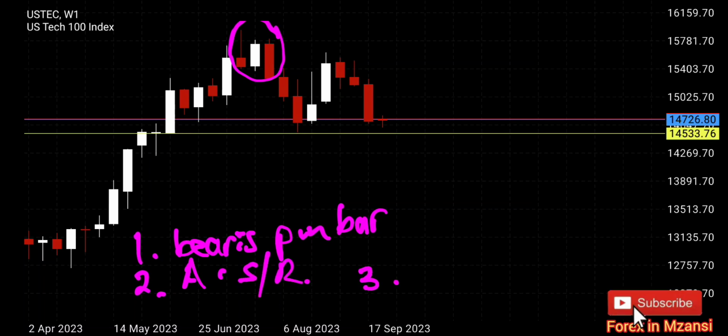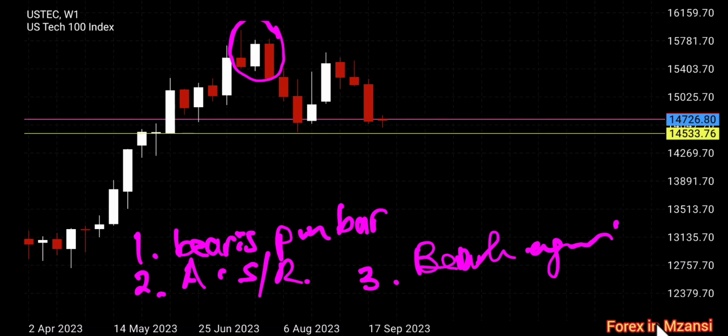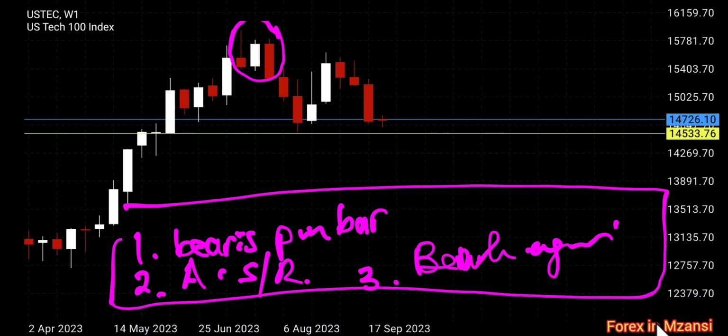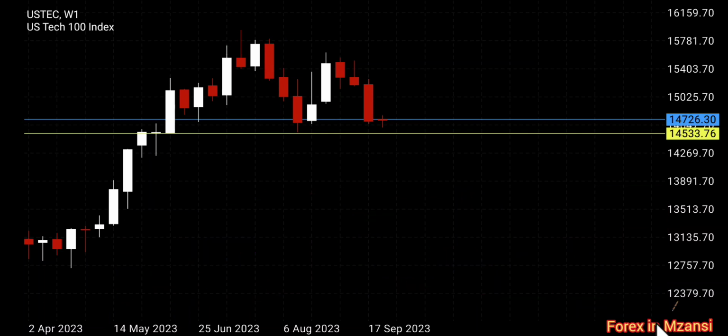Then there's another point suggesting the sellers are fighting there, which is the third candlestick, which gave us a bearish engulfing. That means the sellers' momentum was so aggressive that the body of the candlestick they formed moved to the downside and swallowed the body of the first candlestick. That's the bearish engulfing.